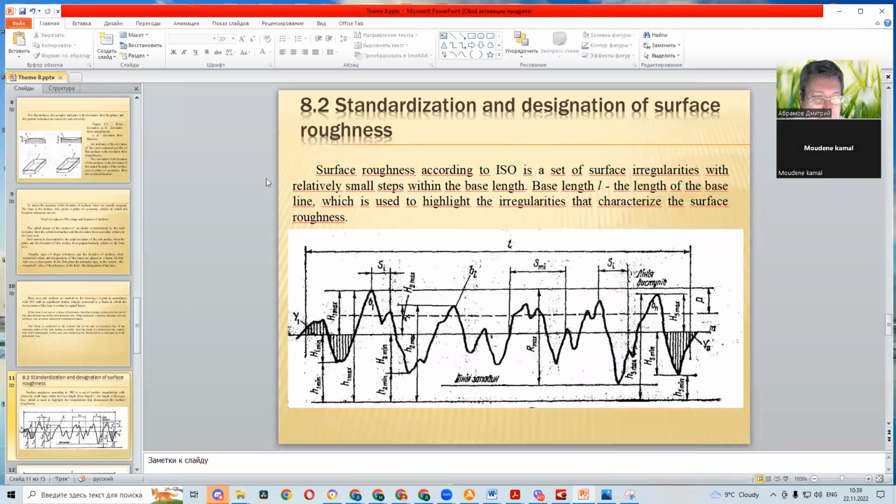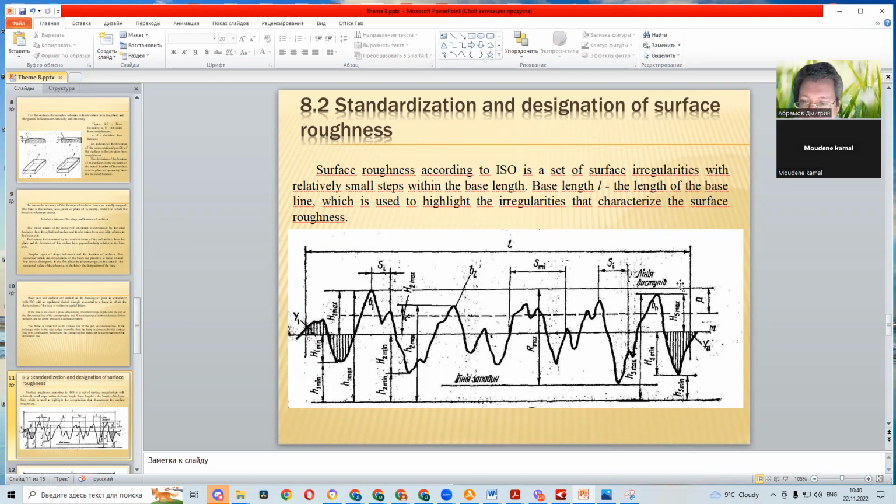So now we start item 8.2, standardization and designation of surface roughness. Surface roughness, according to ISO, is a set of surface irregularities with relatively small steps within the base length. Base length, small l.